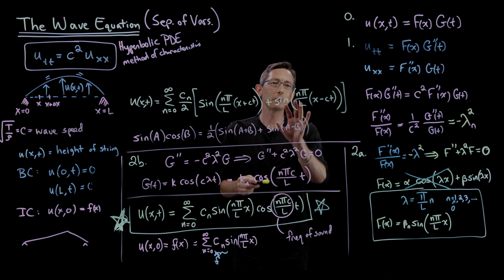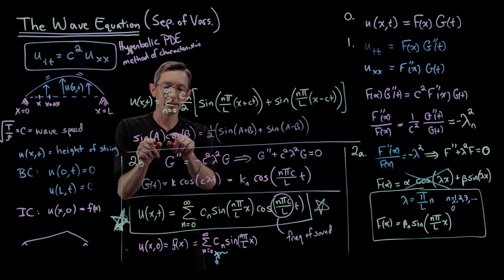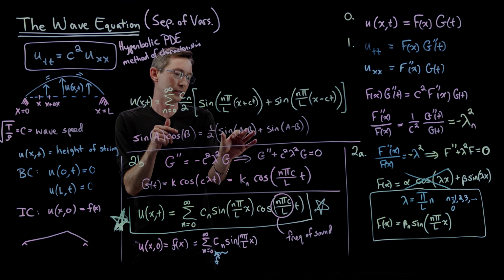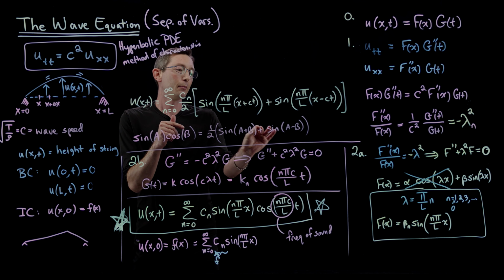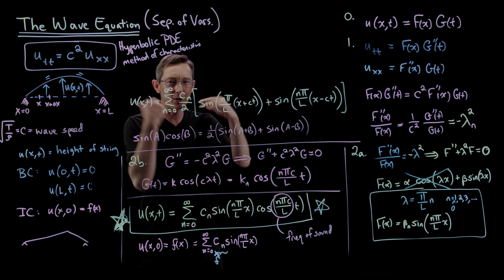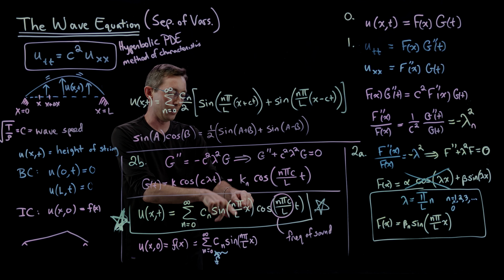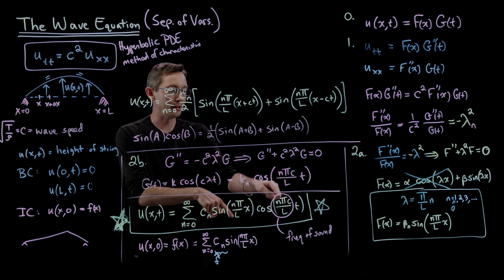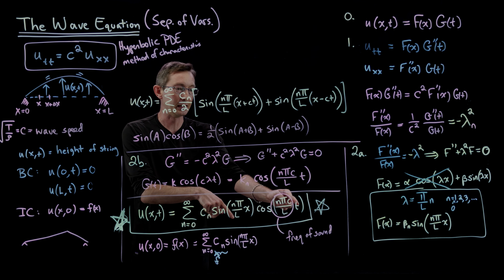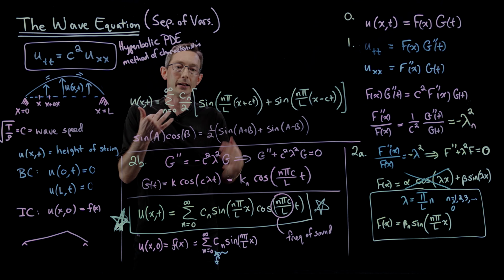And so this is really, really interesting. What this says is that because of this trig identity, sine of A times cos B equals 1/2 sine A plus B plus sine of A minus B, I can take these, and you can verify for yourself that n pi over L times x and n pi over L times ct give you this expression when you use this trig identity.